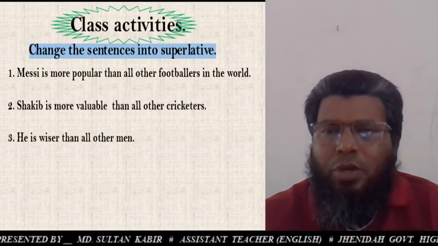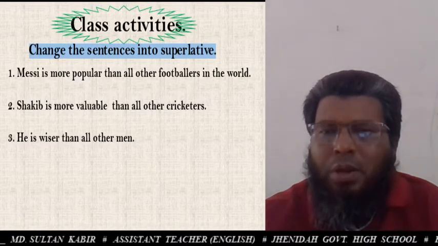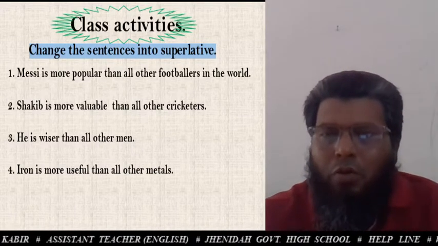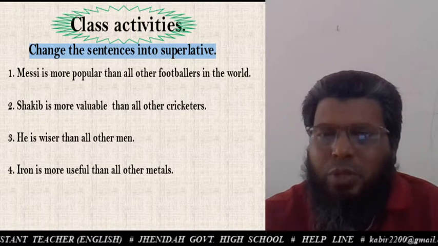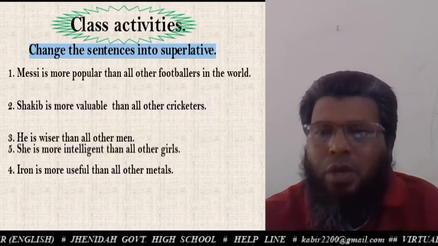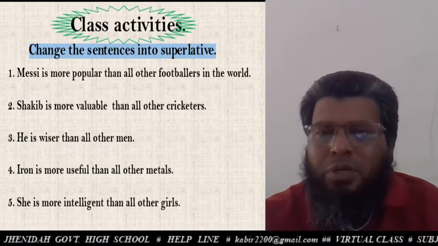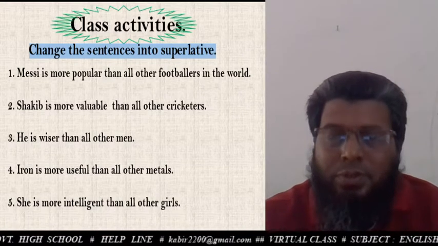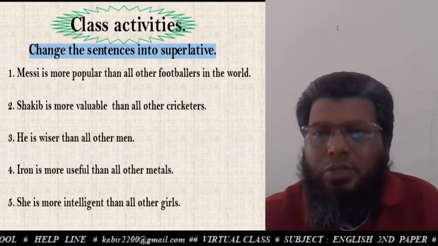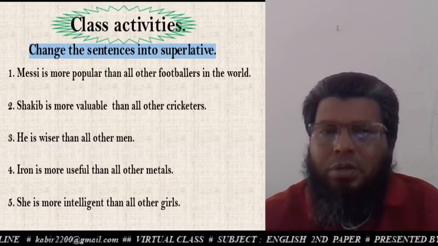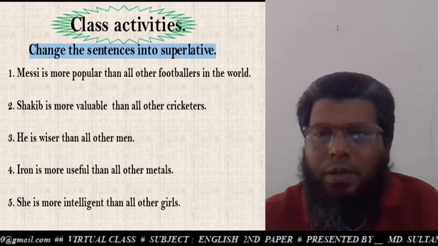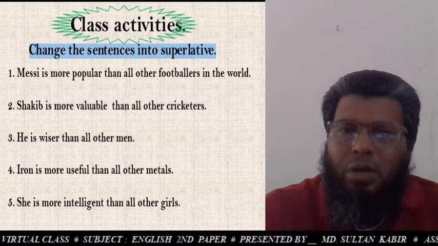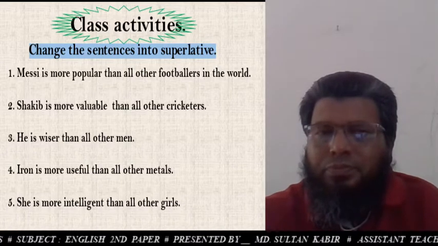And number 3, he is wiser than all other men. Number 4, iron is more useful than all other metals. And number 5, she is more intelligent than all other girls. Okay, change the comparative degree into superlative. Okay, do it as quickly as possible.